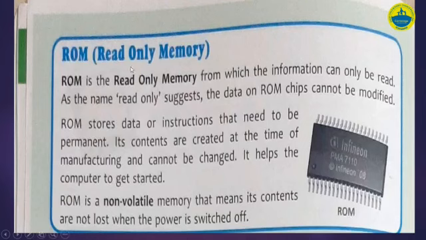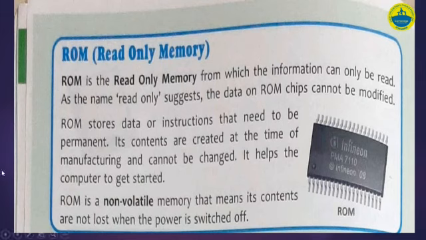Next is ROM, or read only memory, from which the information can only be read. We cannot modify the information stored on ROM, and it contains the content which the manufacturer saved on it when they created it.